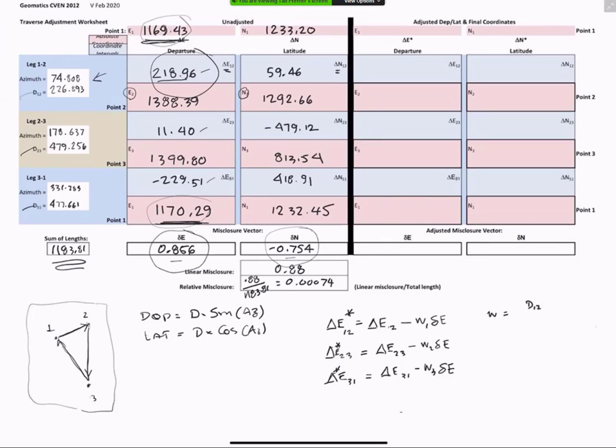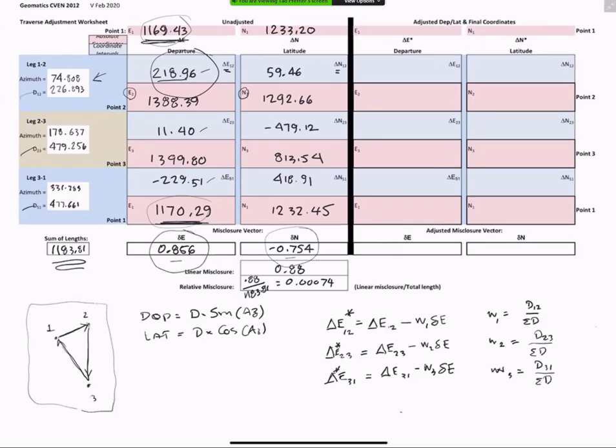So weight 1 would be the distance of the leg from 1 to 2 divided by the sum of the distances. Weight 2 would be the distance from 2 to 3 divided by the sum of the distances. And weight 3 would be equal to the distance from 3 to 1 divided by the sum of the distances.